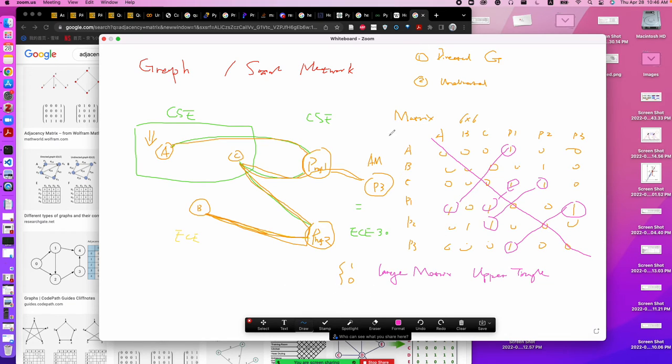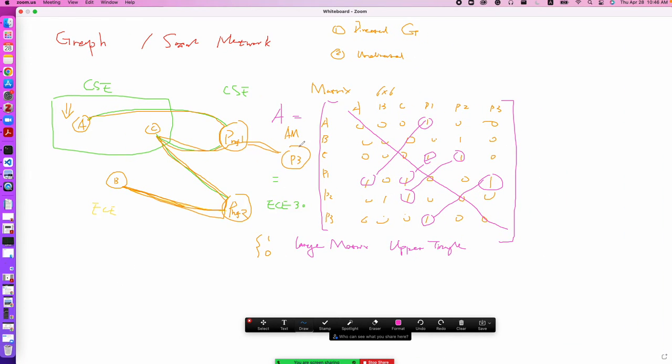There's also, if we define this matrix, let's say a matrix A equals this matrix, what is the property of matrix A to the power of 2, or matrix power 3, etc., matrix power n? What is the meaning of the matrix multiplication?